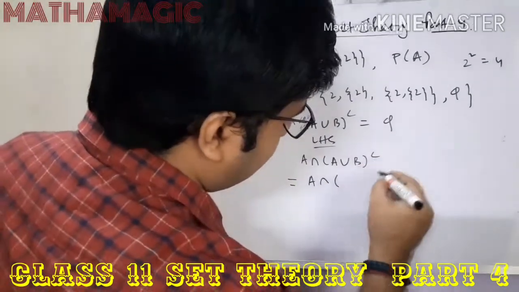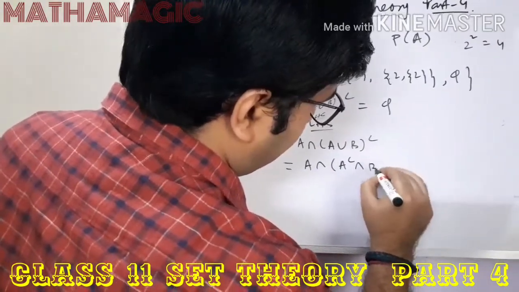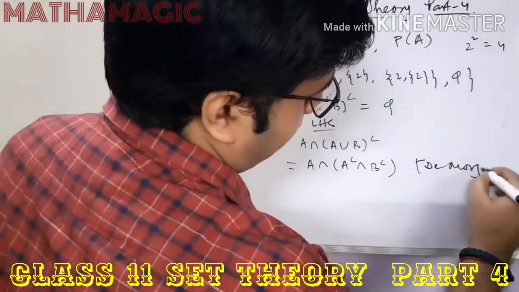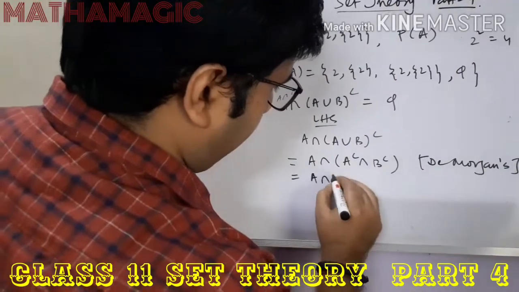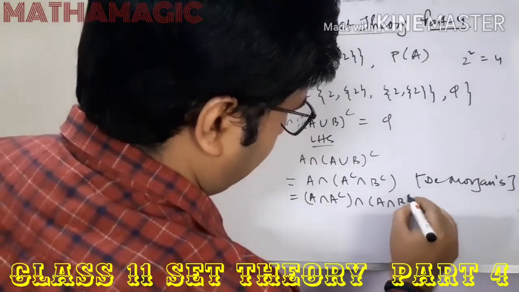You can use De Morgan's theorem here. So A intersection A complement intersection B complement by using De Morgan's. Now by using the distributive law, A intersection A complement, and intersection A intersection B complement.